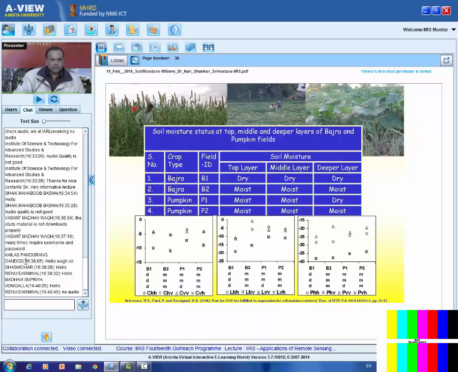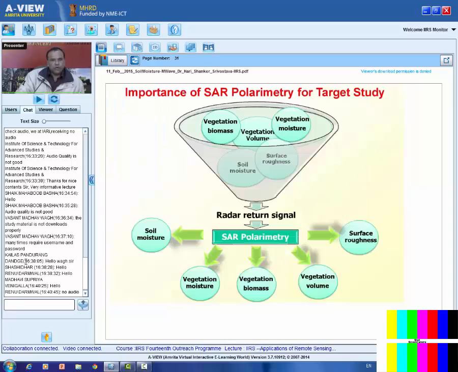Whereas in the case of bajra, this crop is vertically oriented. You can go through these graphs, and you will realize that VV polarized data and HH polarized data behave differently with the target according to its orientation.